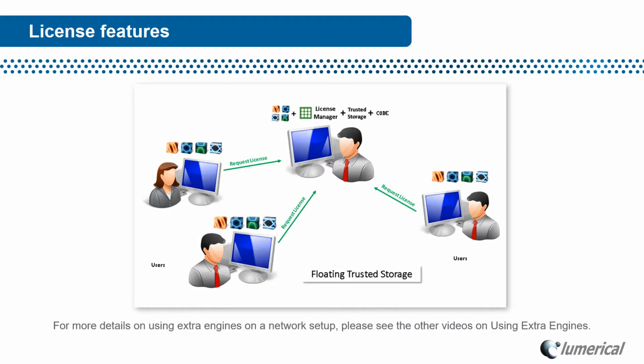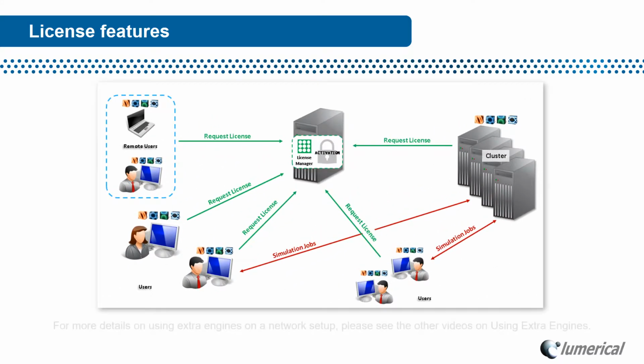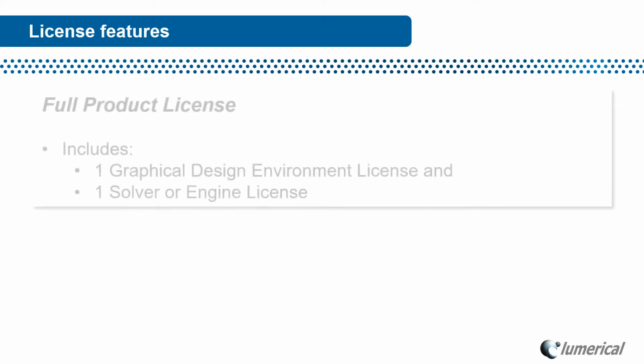The second case is when you have access to a high-speed cluster on a different network. In this case, simply consider the number of simultaneous simulations that you want to run. For more information on these use cases, see the other videos on using extra engines. When deciding how many engine licenses to purchase, remember that each full license includes an engine license.